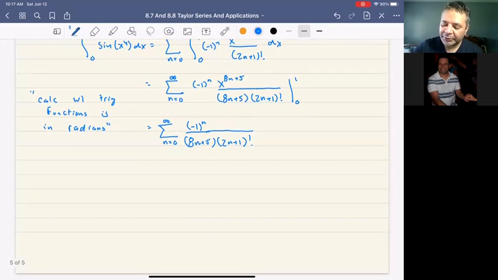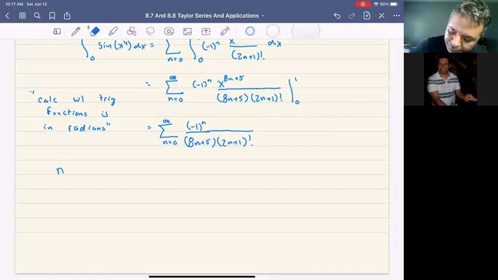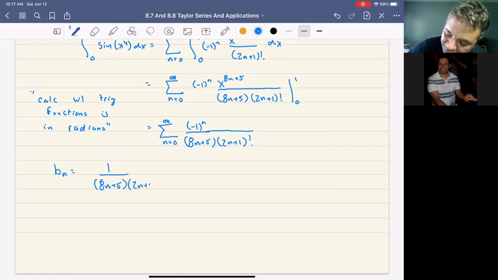So let's take these terms. Remember the alternating series test? The remainder is less than the next term. So let's call b sub n 1 over 8n plus 5 times 2n plus 1 factorial.